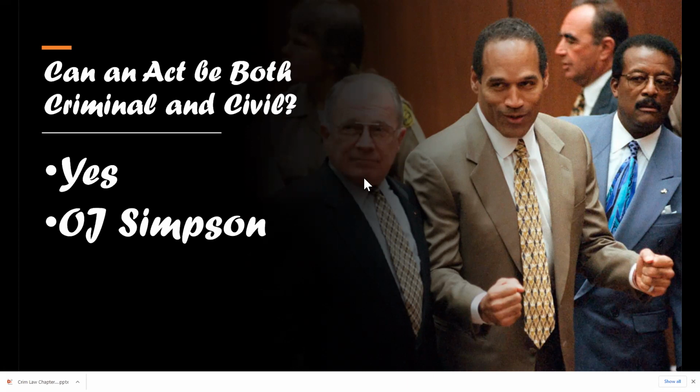O.J. Simpson was a very famous person. He was a former NFL football star and then later turned to acting. He was incredibly famous, one of the more well-known celebrities in the world. So this was big news when this happened.